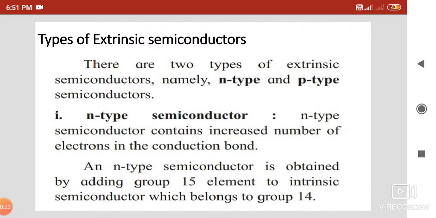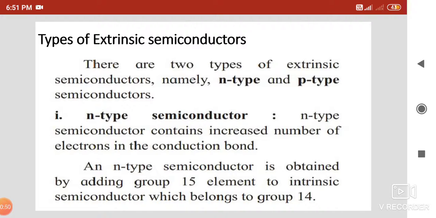Here we can say impurities added to the pure semiconductor, then that type of semiconductors are called extrinsic semiconductor. Now this extrinsic semiconductor is further classified as n type and p type semiconductor. Let us study one by one.